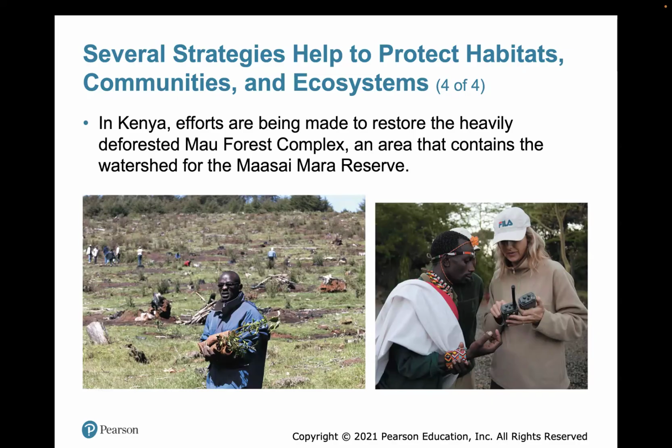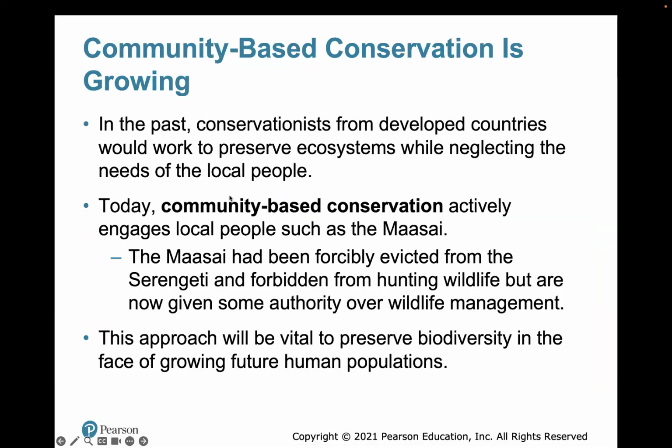Over the years, so much forest in this densely populated area has been destroyed by agriculture and timber extraction, so the water supply for the wildlife and for the Kenyan people is now threatened. So the government is working with agencies to fund and replant the forests and protect the area. Like I said, it's kind of going backwards now. The damage that they did, they're trying to fix it.